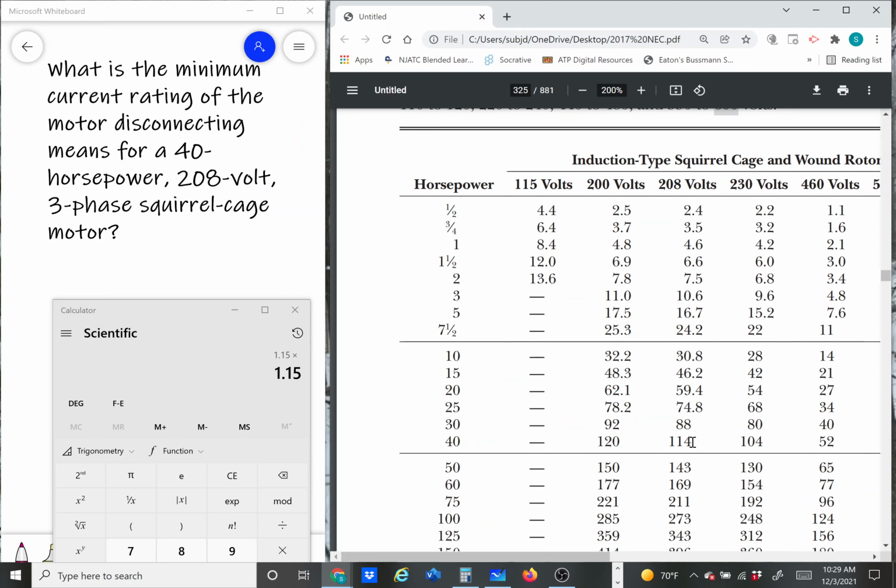I'm going to multiply that 115% by 114 amps. Hopefully we can all find that 114 amps. And we're going to see that my ampacity rating, my current rating for my disconnect, is going to be 131.1 amps. So for my ampacity rating, that's really it. Not a whole lot to it.